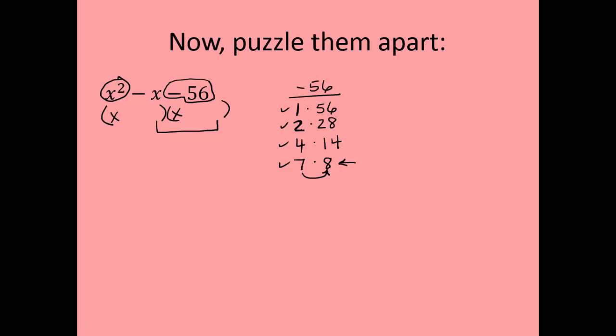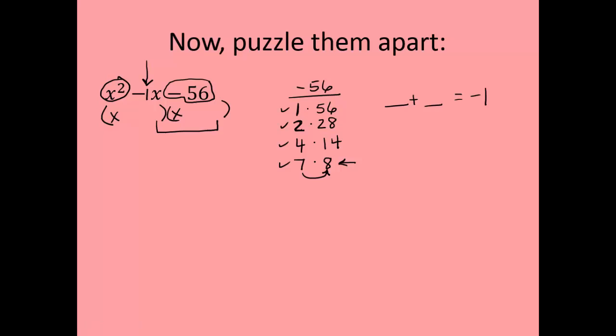To get negative 56, one of them is going to have to be negative. Think about this. The sum of these two numbers we're going to choose is negative 1. The last example was tricky because of that 2x. If you don't have the 2x, then you're just looking for factors of 56 that add up to negative 1.